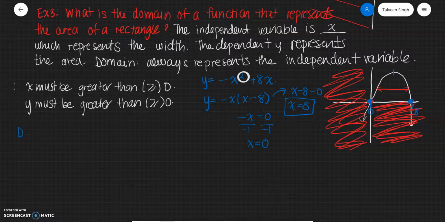So my domain becomes, I'm just going to write that here, therefore x must be between 0 and 8. Oops, sorry, it's not a very good looking 8.